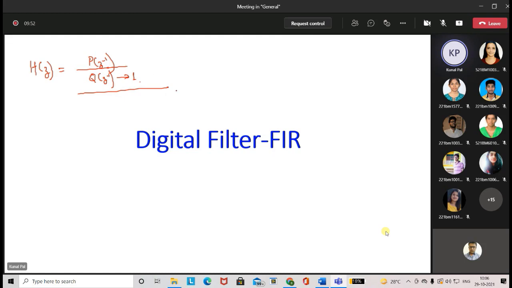Anyway, in the FIR filter this Q factor, this Q(z inverse), is 1, and because of that we have to deal with just one polynomial, the numerator, say 1 plus 2z inverse plus 3z to the power minus 2 plus 2z to the power minus 3 plus z to the power minus 4 and so on.